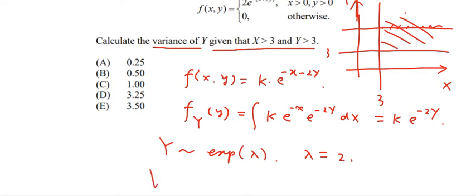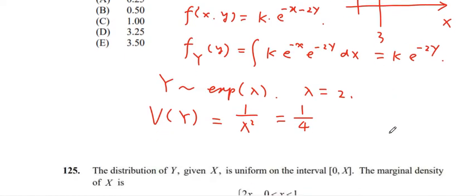Okay, so the variance of the exponential distribution is 1 over lambda squared. So we can say it equals 1 over 4. Here we actually don't need to calculate what k is. We just make sure this is a distribution, right? Because this is e to the negative 2y, we know k should be 2.